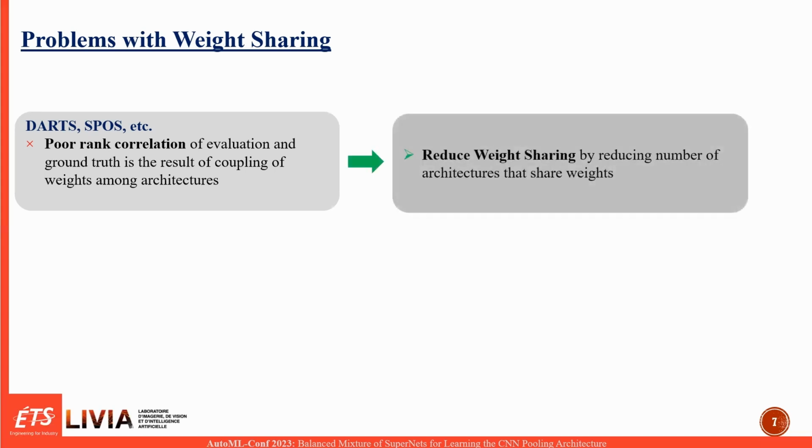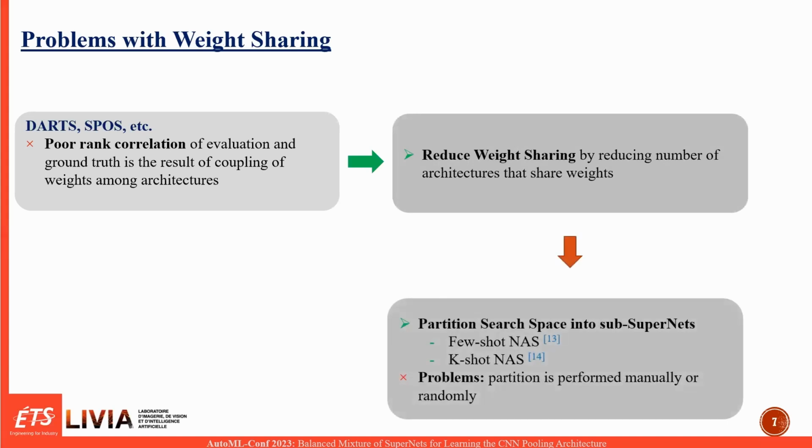One of the proposed solutions is reducing the weight sharing by reducing the number of architectures that share weights. In this regard, some works that are related to our research propose to partition the search space into sub-supernets. But these works usually perform this partitioning either randomly or manually.